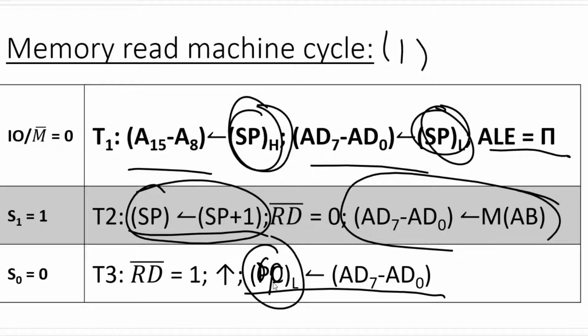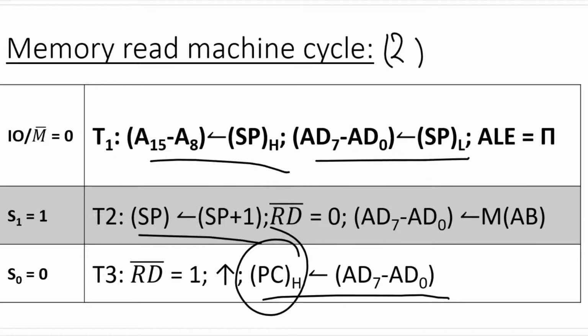Fine. So it will first be transferred to RP L. In memory read machine cycle number 2, again the same process: SP will be incremented by 1 so that it points back to SP, and the contents of the address bus will be transferred to the data bus, and from the data bus it will be transferred as the most significant byte onto the register pair.